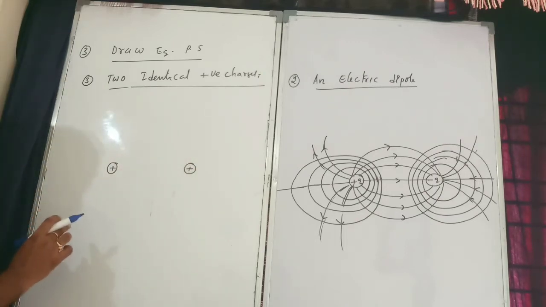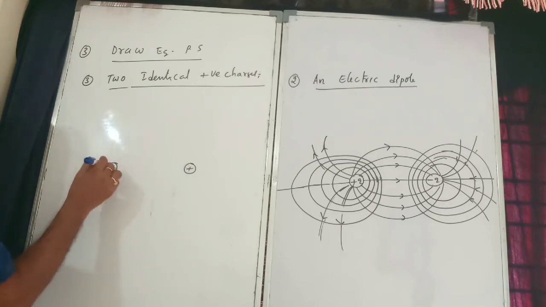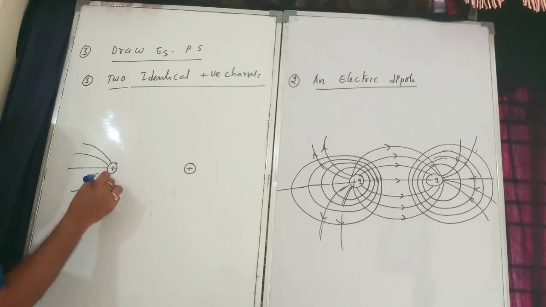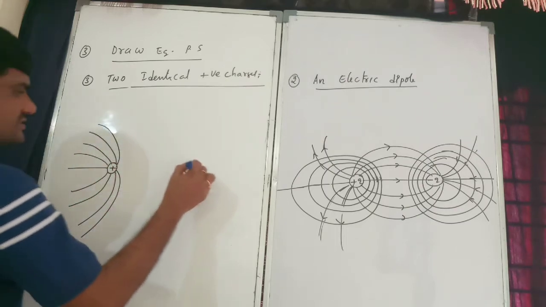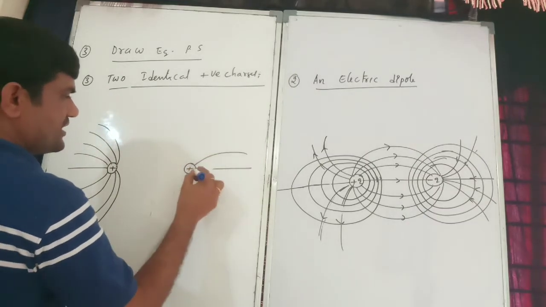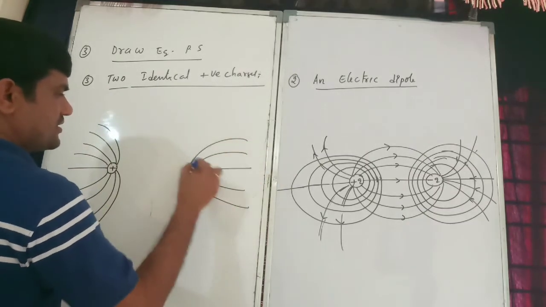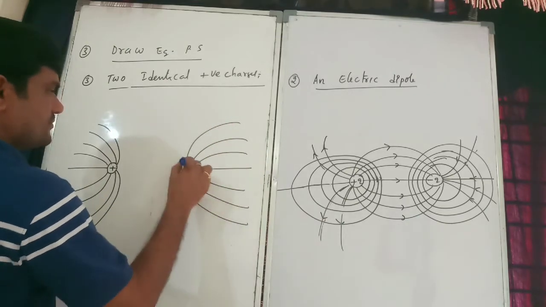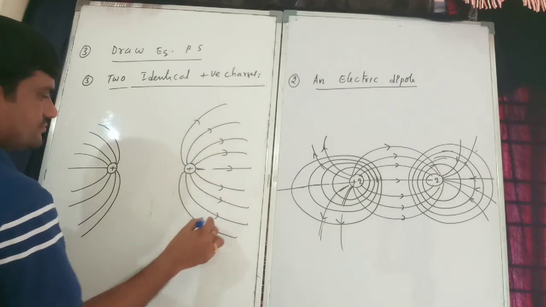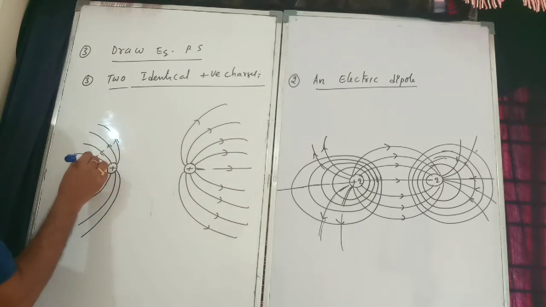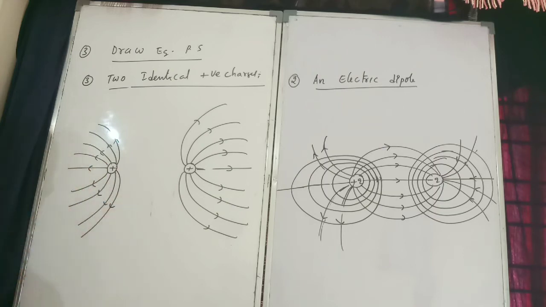I can draw the field lines first. The field lines move away from each other, because both positive charges repel each other.